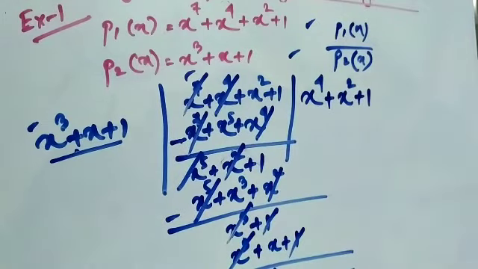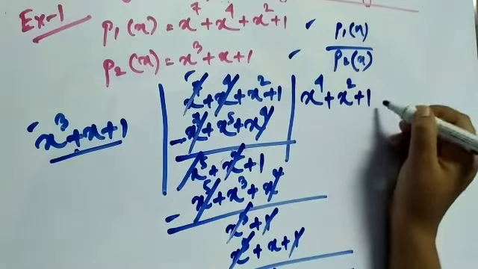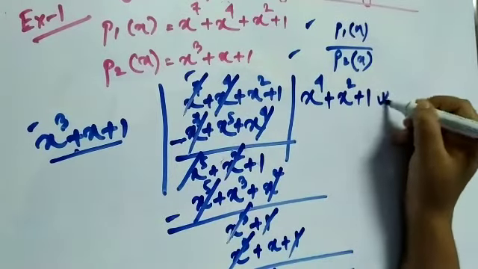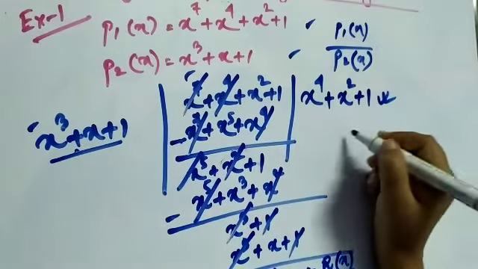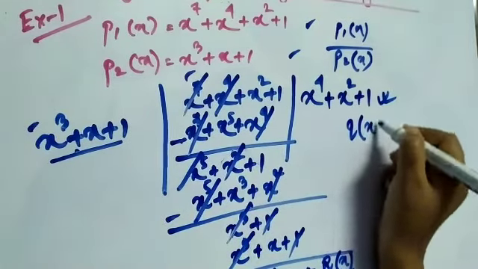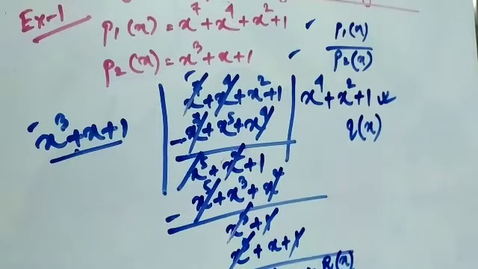Therefore we have stopped the division here. So our quotient part is this and the remainder part is this. This is called the remainder polynomial, Rx. This is called the quotient polynomial, Qx. So in this way I can divide any polynomial by another.